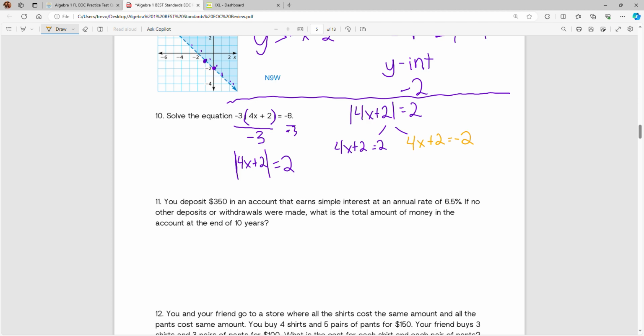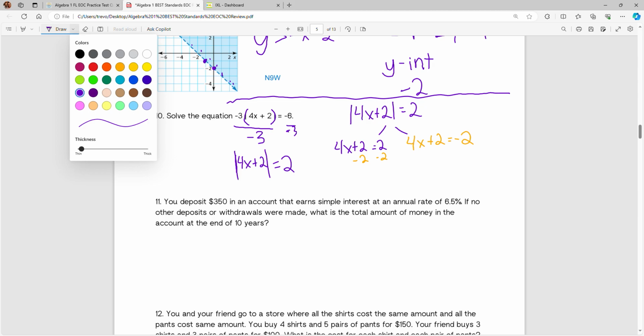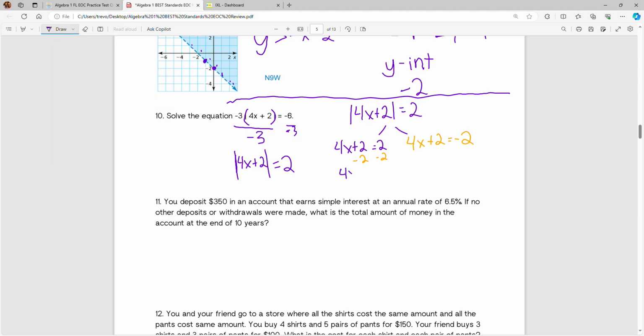I'm first going to subtract my 2 on both sides of the equals to give me 4x equals 0. Divide both sides by 4 to make the 4's cancel out, we get x equals 0.